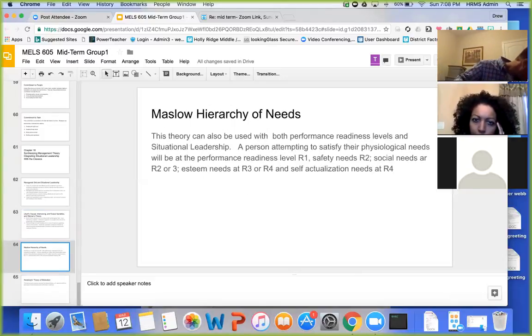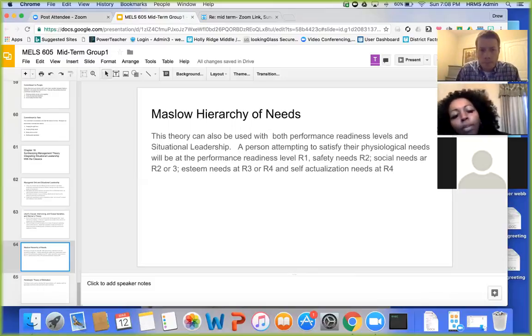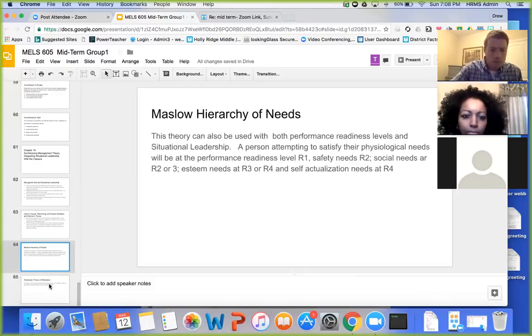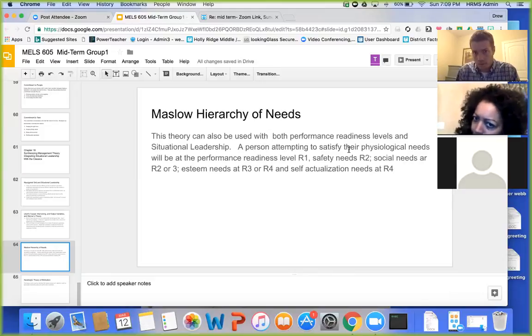Then we get into Maslow's hierarchy of needs. This particular theory can also be used with both performance readiness levels and situational leadership. The person attempting to satisfy their physiological needs will be at the performance readiness level of R1, which you have already shown in that chart.